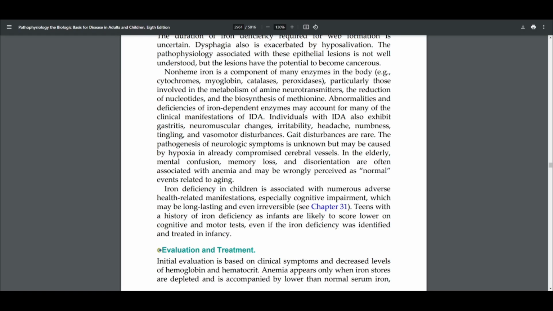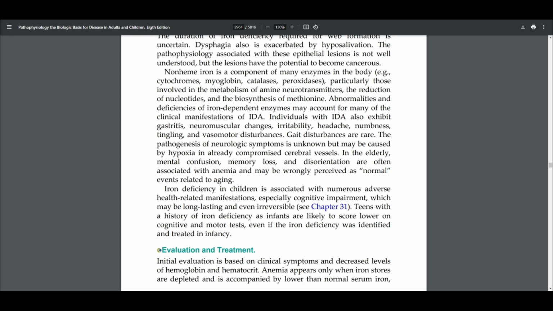Non-heme iron is a component of many enzymes in the body, particularly those involved in the metabolism of amine neurotransmitters, the reduction of nucleotides, and the biosynthesis of methionine. Abnormalities and deficiencies of iron-dependent enzymes may account for many of the clinical manifestations of IDA.